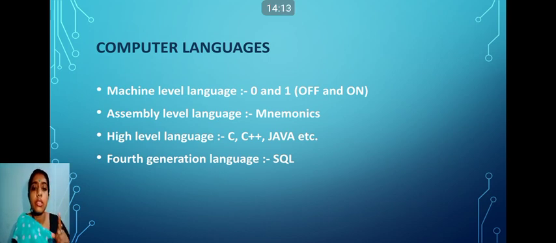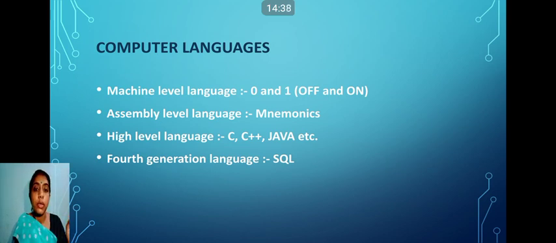Assembly level language is also considered a low level language, but it's better than machine level language. Why better? Because here mnemonics were used. Mnemonics means if you want to add, you can use ADD in place of writing 01 and 001 or whatever.